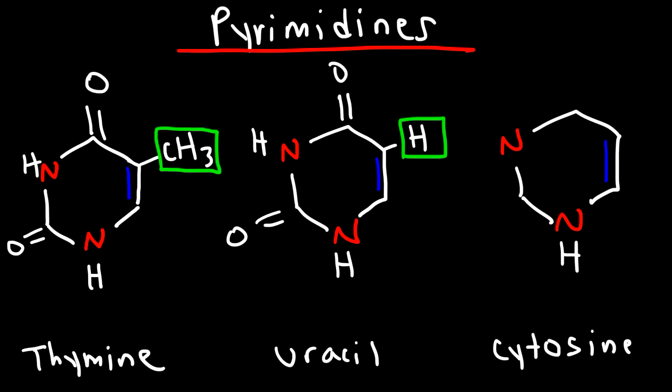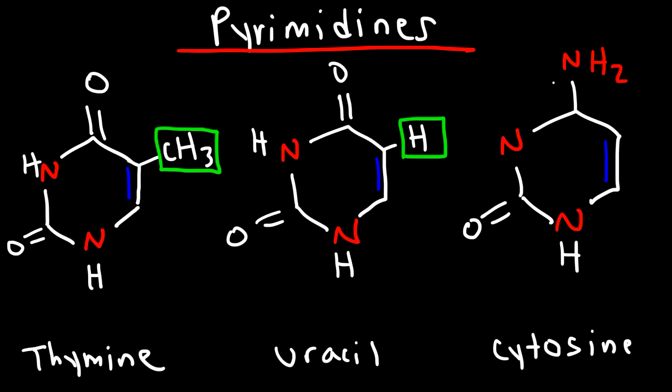Now, in the case of cytosine, we have a carbonyl group on carbon 2, just like thymine and uracil. So they're similar in that respect. However, we do have something different in cytosine, and that is we have an NH2 group on carbon 4. And so that's how cytosine differs from thymine and uracil.